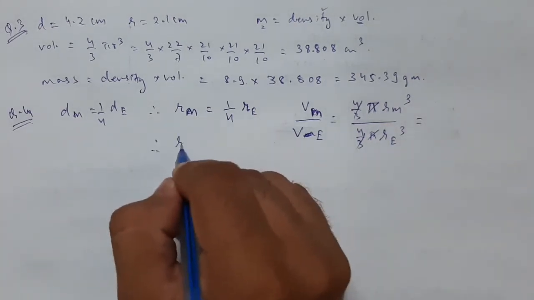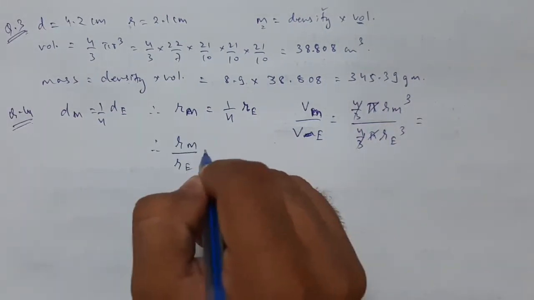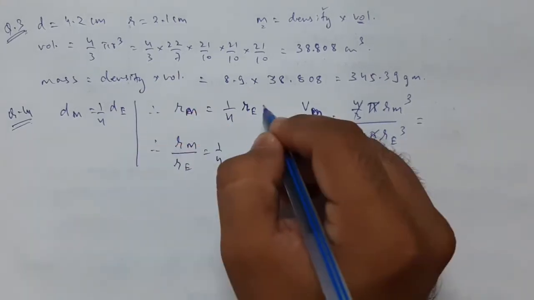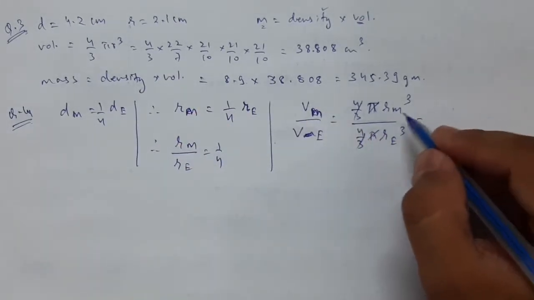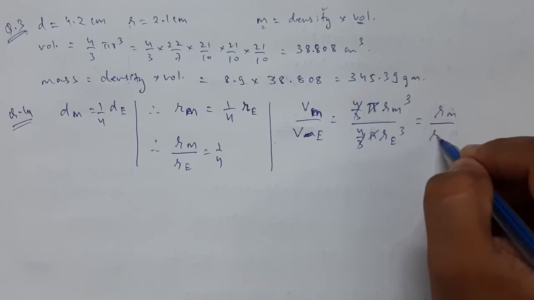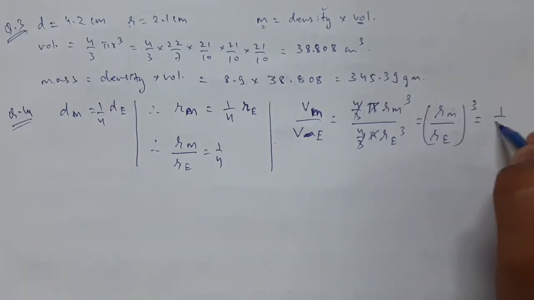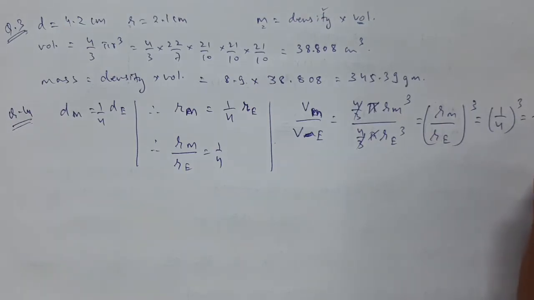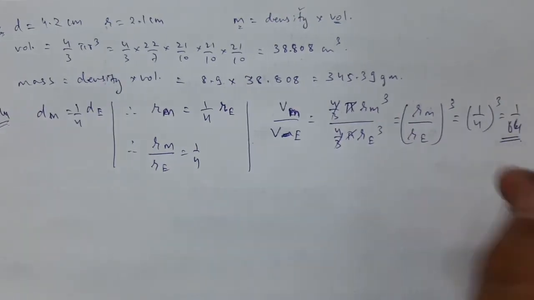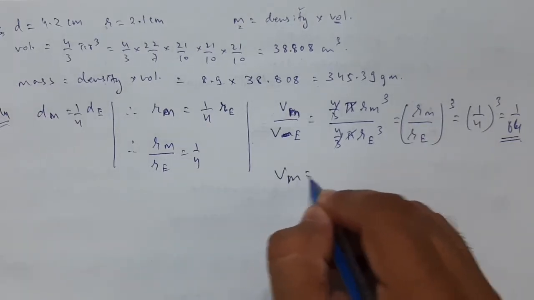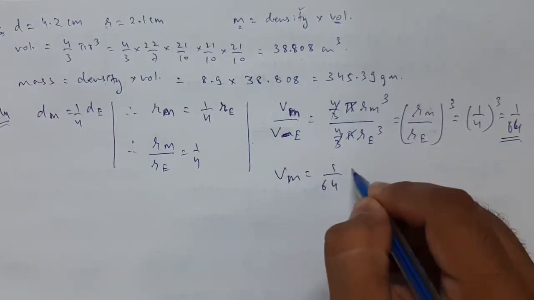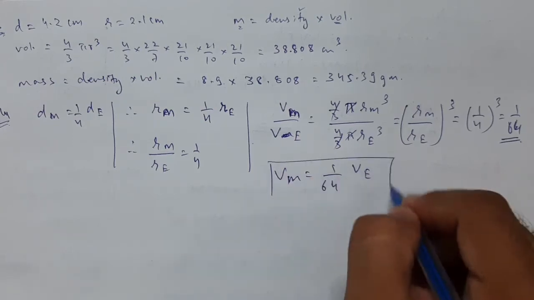Now from this we can also obtain Rm by Re is equal to 1 by 4. So Rm by Re the whole cube is equal to 1 by 4 whole cube, that is equal to 1 by 64. Okay, so we can say that volume of moon is equal to 1 by 64 times volume of earth.